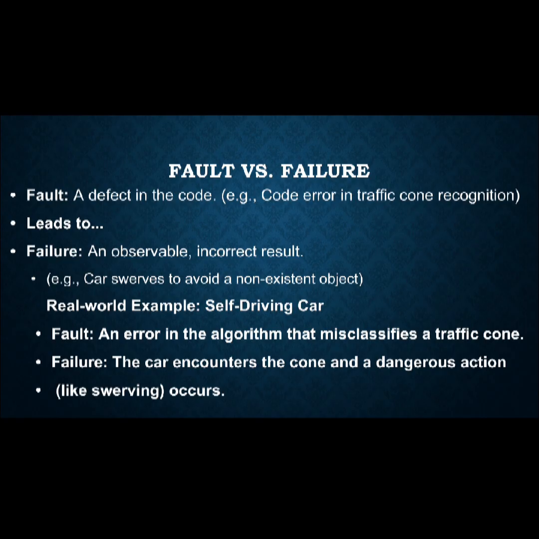A failure is what the user sees. It is the program crashing, the data being corrupted, the wrong output being displayed, or the system freezing. The failure only occurs when the conditions are just right for the hidden fault to become an active problem.